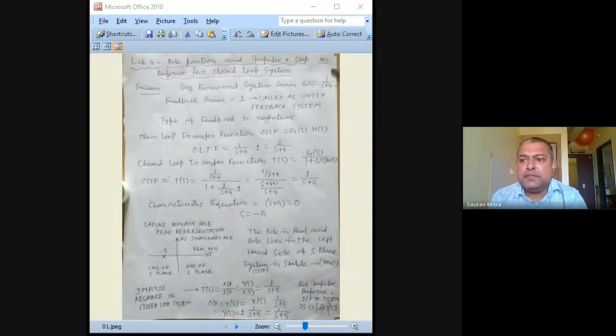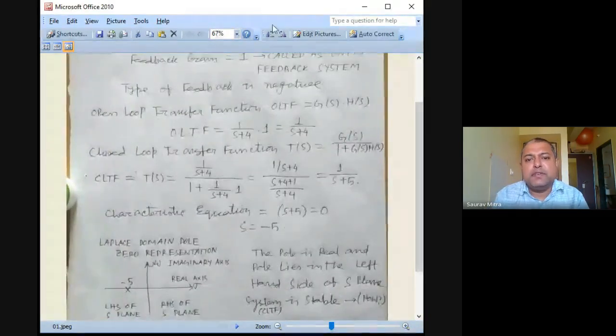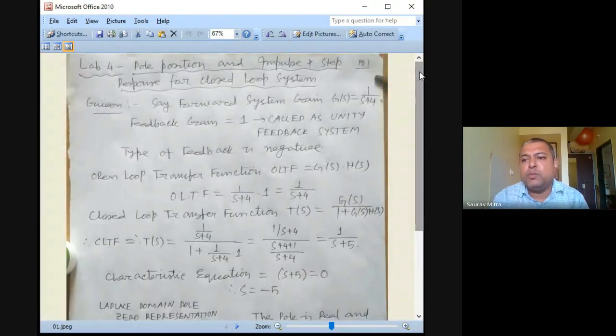Now I have shared my screen. So this is going to be lab 4. If you see the list of experiments that you are supposed to perform, this is not exactly what is mentioned there, but I will bring it to something like finding the transfer function and finding the system response when pole positions are given.